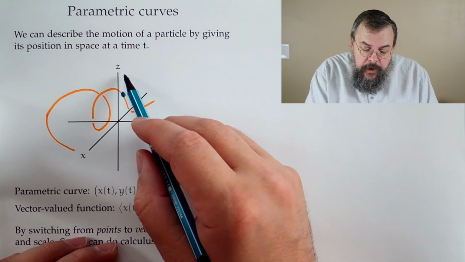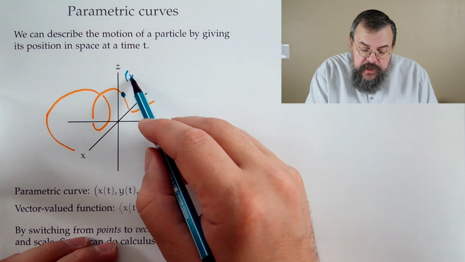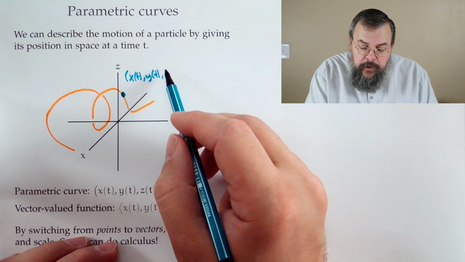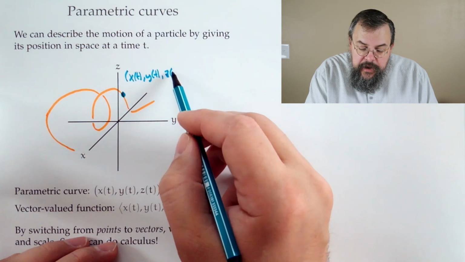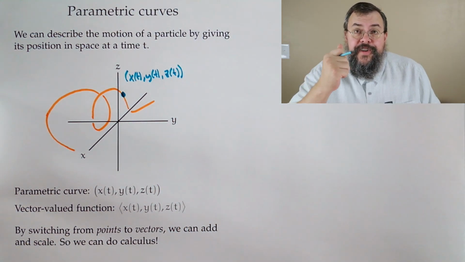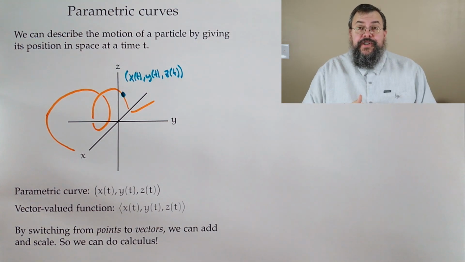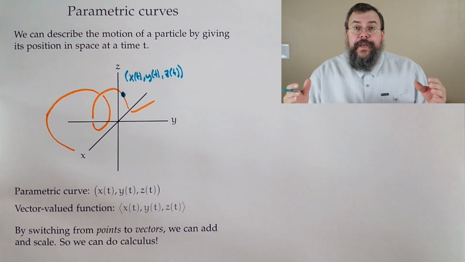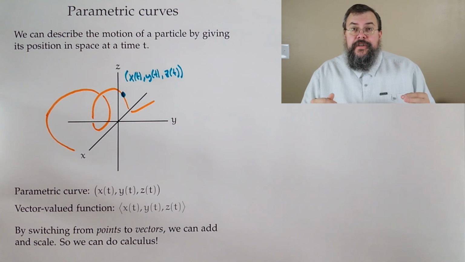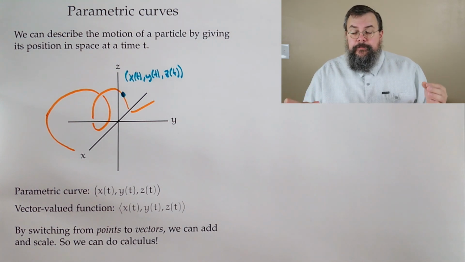And we say, all right, we can describe its location at a given time by saying, where are you at for x, where are you at for y, and where are you at for z? And there we go. You give us a time, we give you a location, and we all agree. And as time varies, we just change the coordinates, our location varies. So we can keep track of everything.